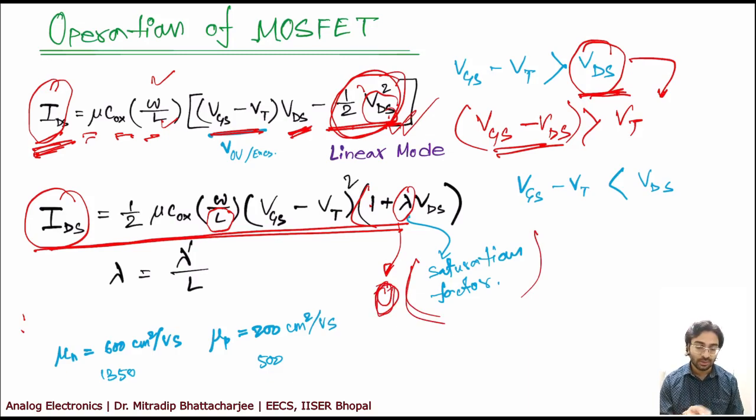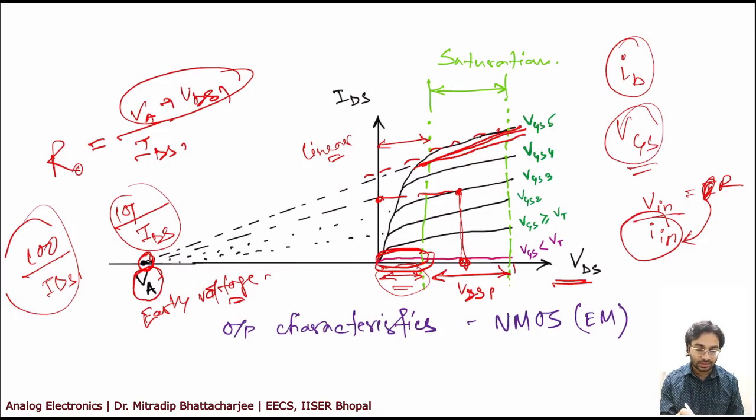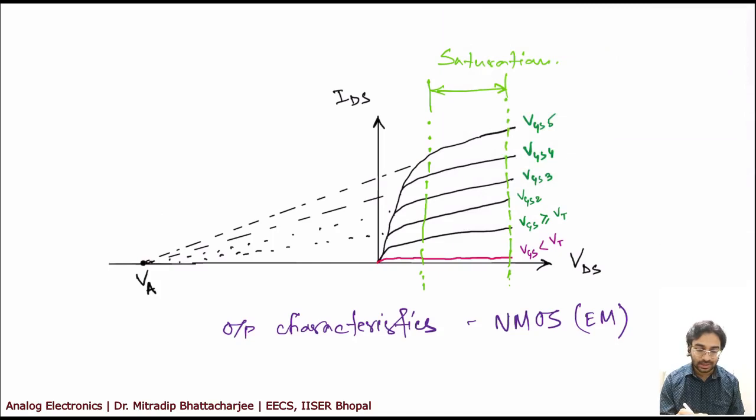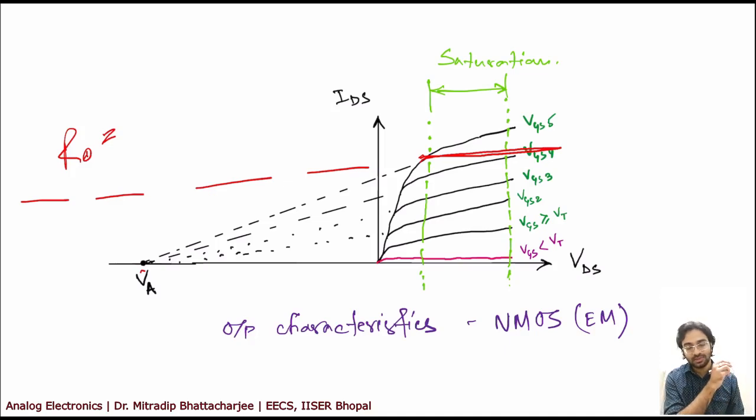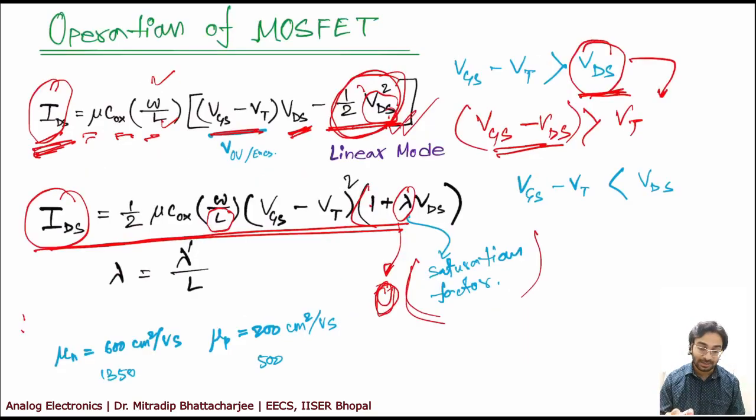If lambda is 0, then you will find this characteristic is just flat. And when it is flat, what is your output resistance? This VA will never meet, so that means VA is infinite, and your R0 will become infinite, which is the ideal case. R0 is very high, but for that purpose you need lambda to be equal to 0.